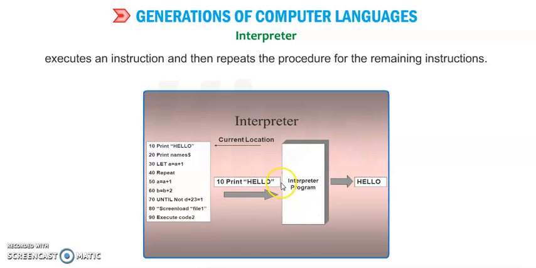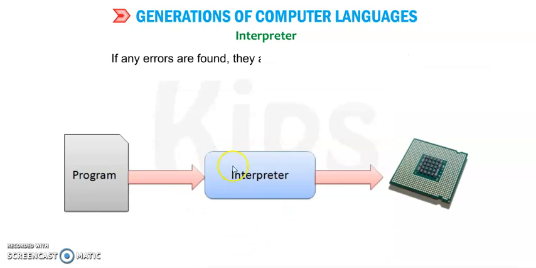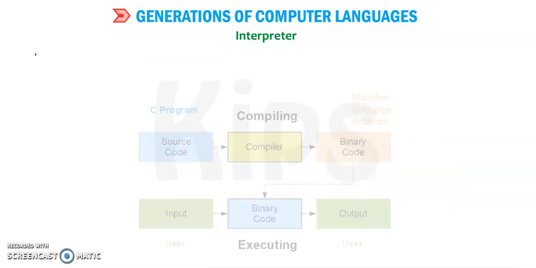One by one it changes the high level language into machine language. If any errors are found, they are removed immediately. If there is an error in any line, it can be removed. You can see here these are the programs, and the interpreter translates them immediately to the destination.